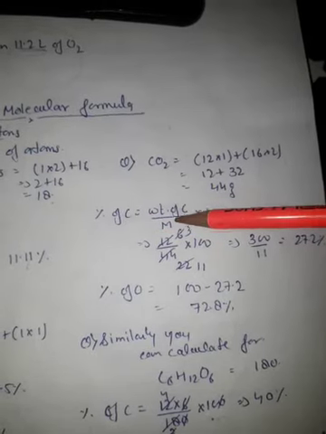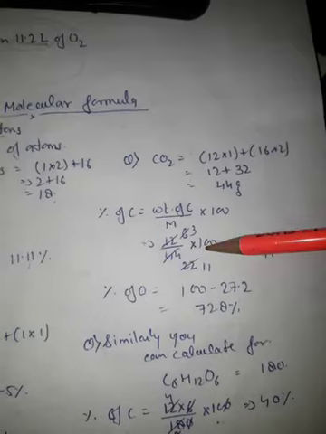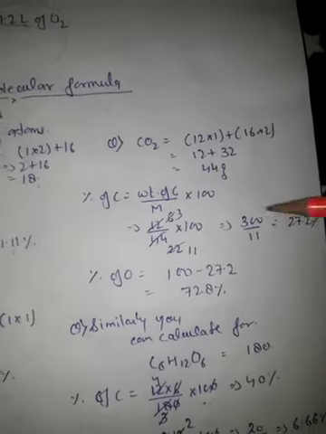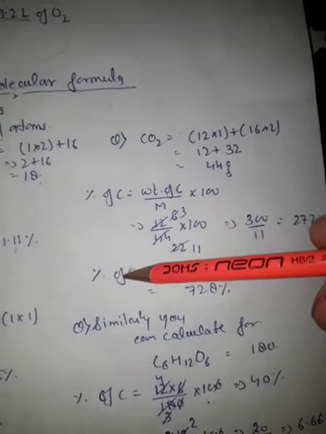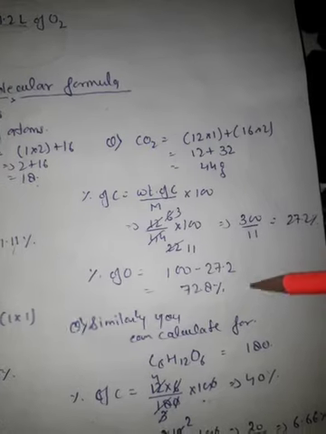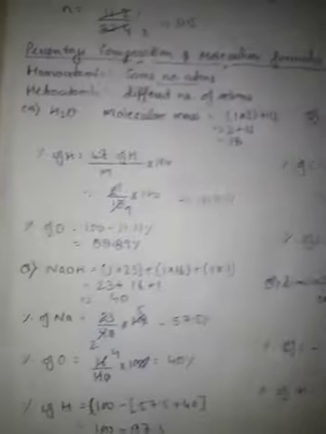Weight of carbon upon molar mass, 12 upon 44 into 100, so we get 27.2%. To calculate the percentage of oxygen, subtract the percentage of carbon, you will get the percentage of oxygen, 72.8%.